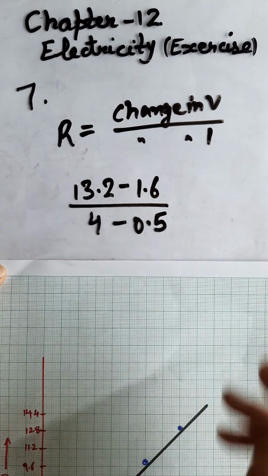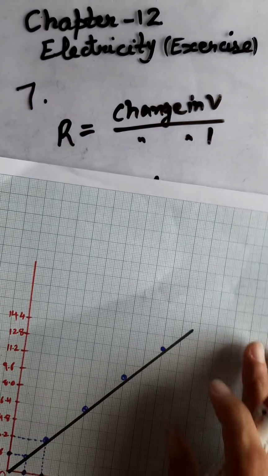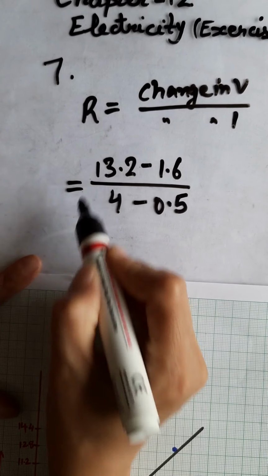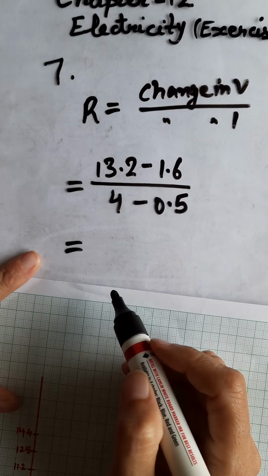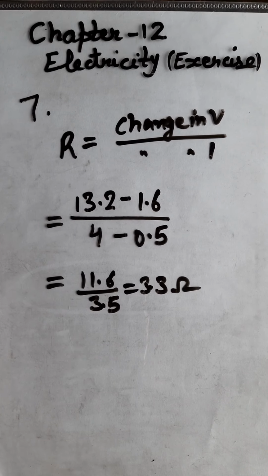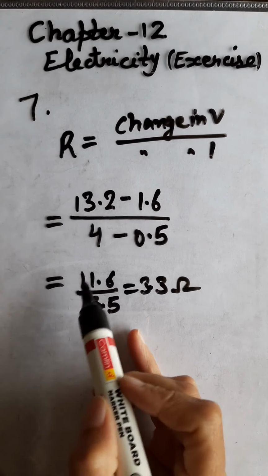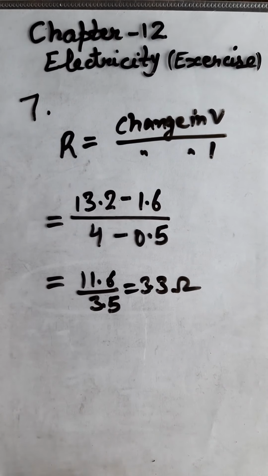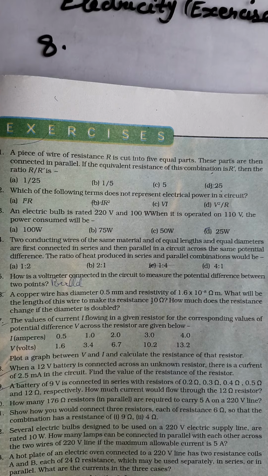You will take any two values from this graph and simply solve them. The difference of this divided by the difference of this, and you will get 3.3 ohm.